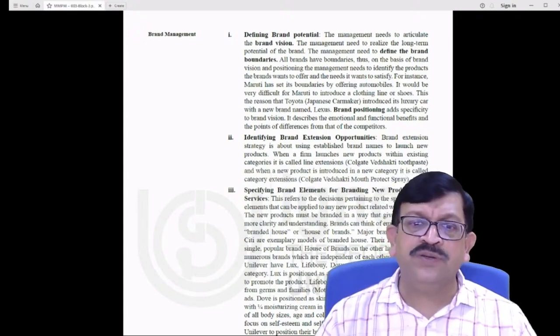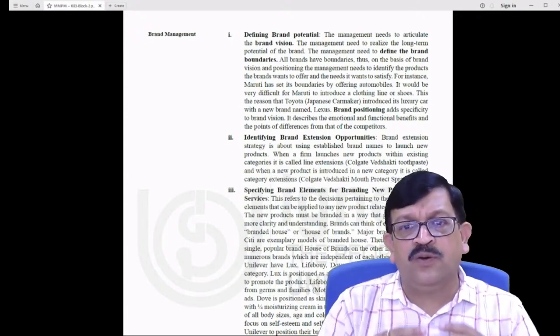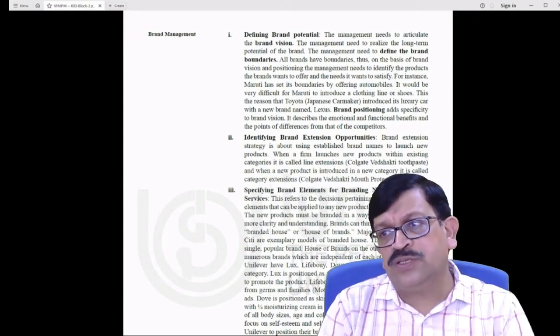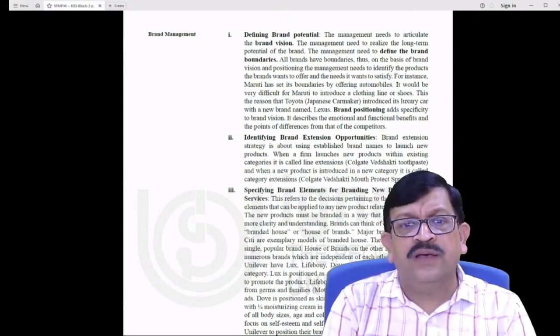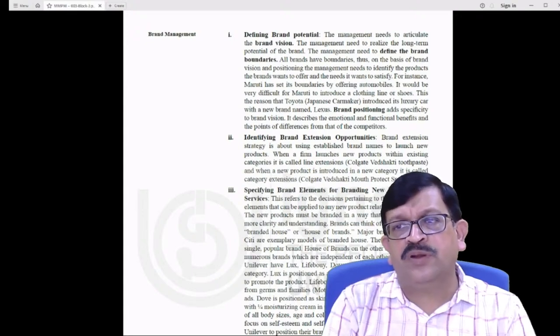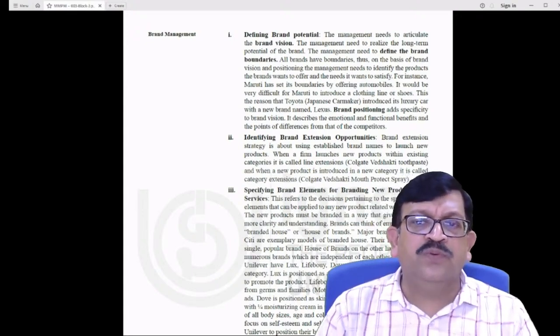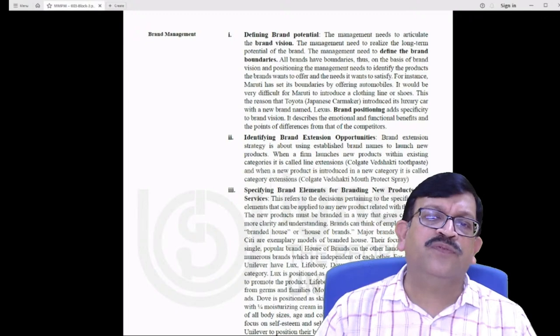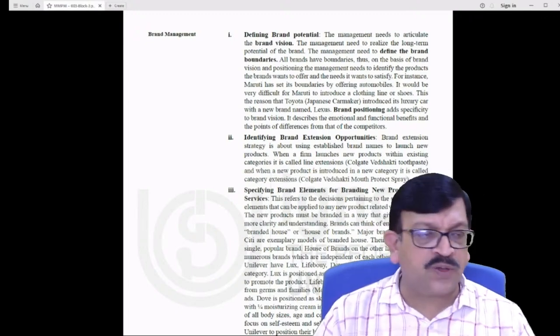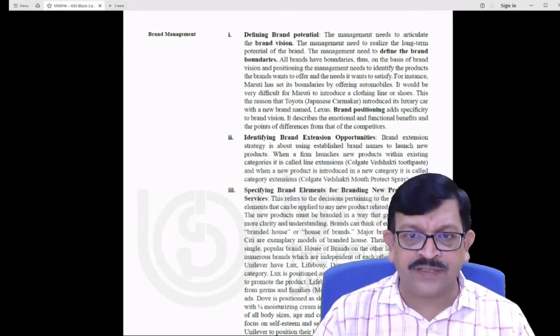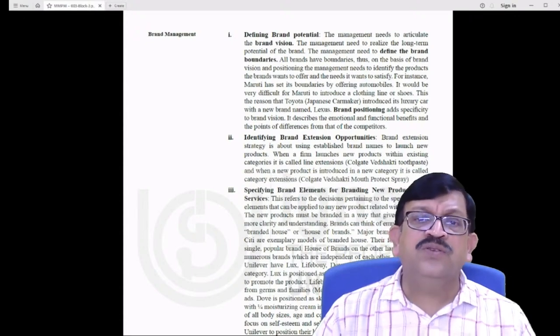When we talk about extension possibilities, what we mean is whether we can launch new products and services from the existing product categories or the product class. There are two types of extensions possible. One is called the line extension and the other is called the category extension or brand extension.